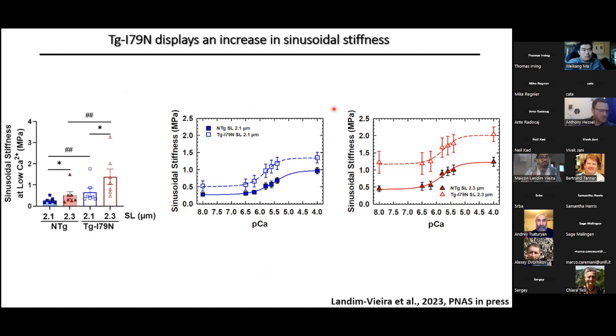And we can see that the mutant myocardium actually displays an increase in sinusoidal stiffness at all levels of calcium activation, including low calcium, and that is true for both sarcomere lengths tested, 2.1 and 2.3.